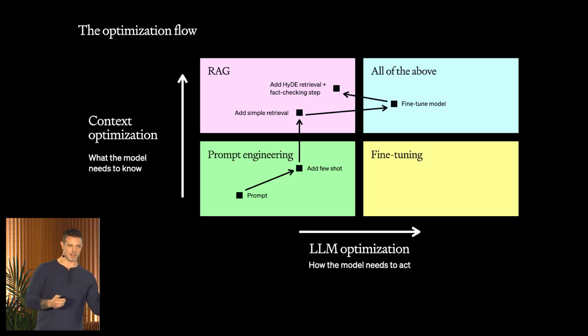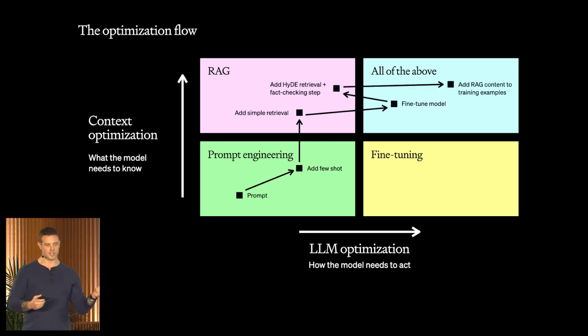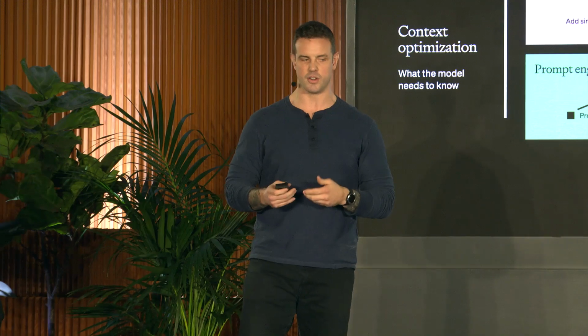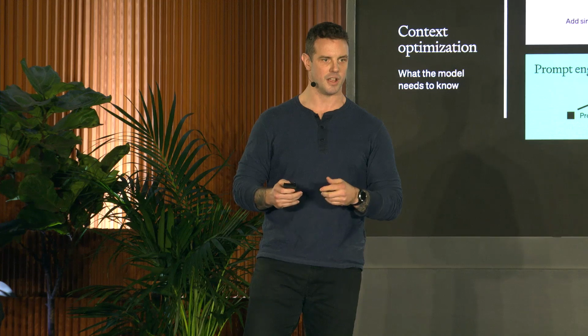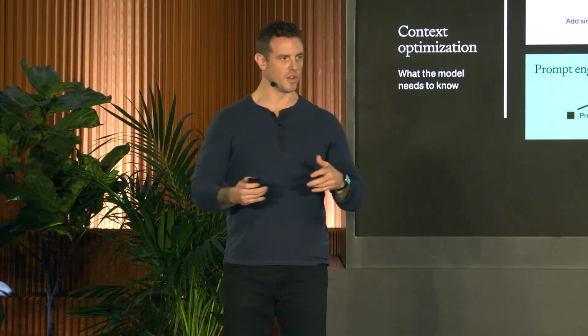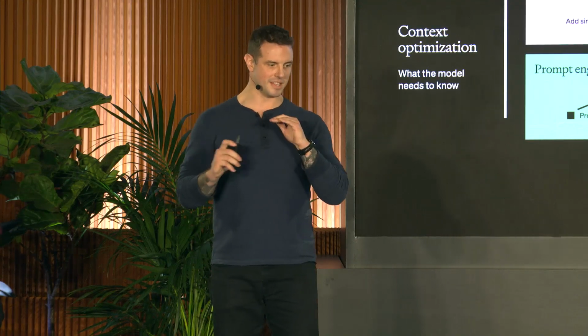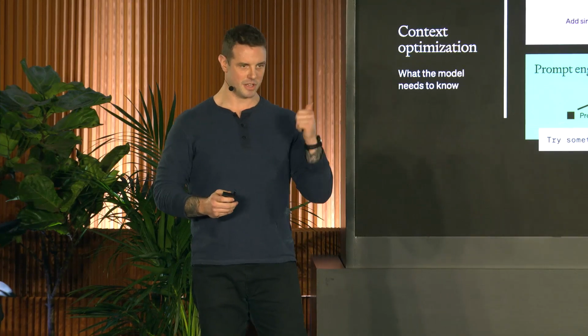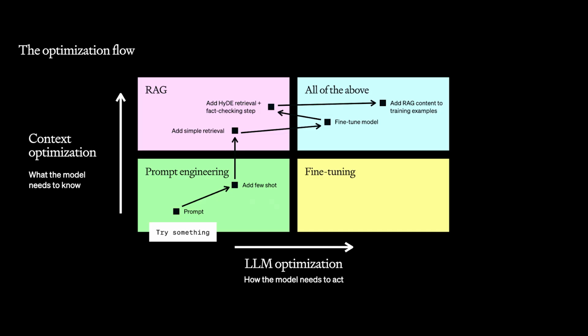And now that you've optimized the retrieval-augmented generation again, you want to fine-tune your model again with these new examples that you've introduced with your updated retrieval-augmented generation. So bit of an example here of the classic optimization flow that we see. And if I could summarize it in the simplest possible terms, you try something, you evaluate, then you try something else. So that's the simplest possible terms.